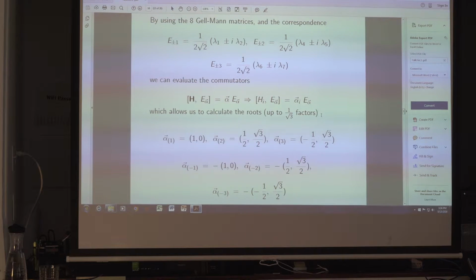And when you do that, you will get the same answer up to factors of 1/3 because it was a normalization factor. So you will be able to deduce these eigenvalues, which are exactly the same as I had before, up to a normalization factor.